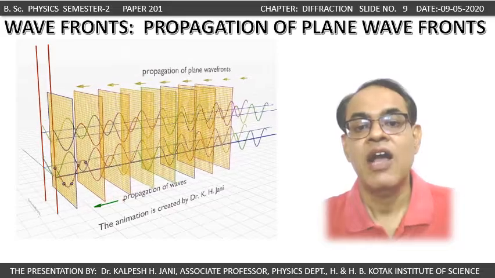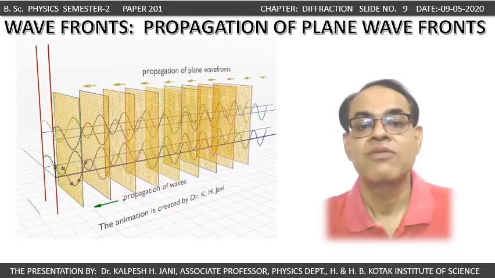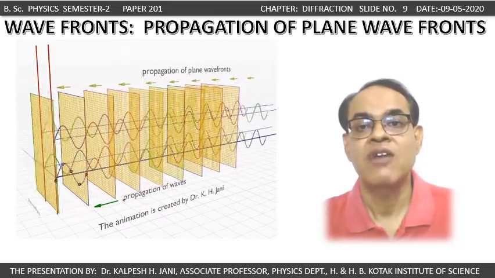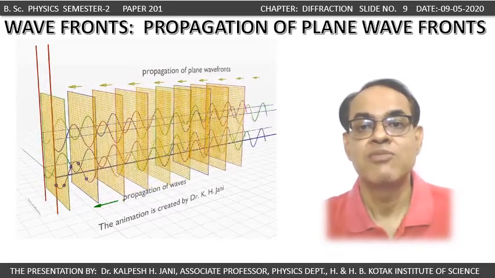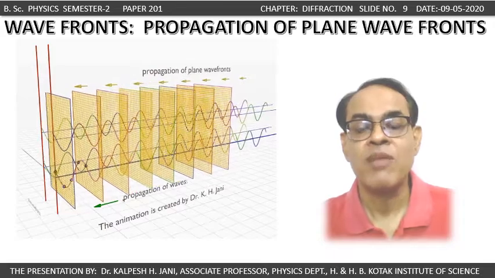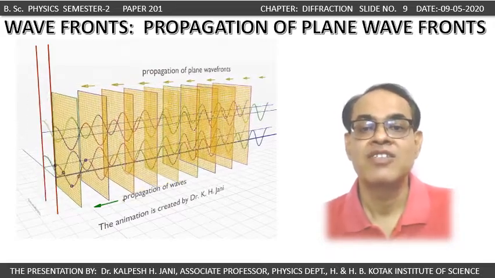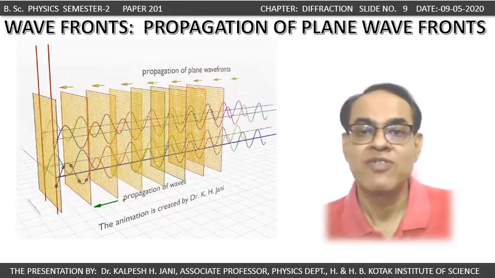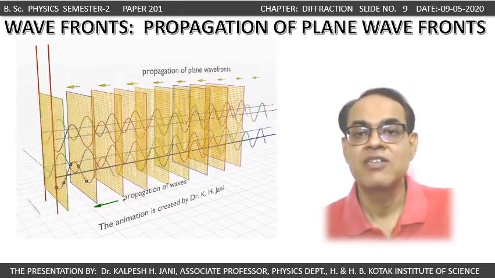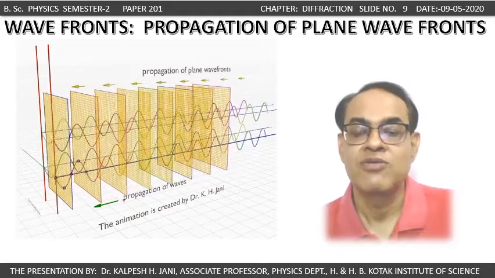For waves, we can very easily understand how one constituent of the wave sets the other constituent into oscillatory motion. But here, how can we understand that one wavefront gives rise to another wavefront? Because we have disregarded the notion of wave altogether.